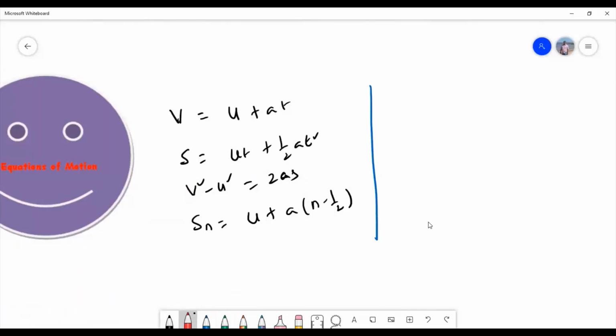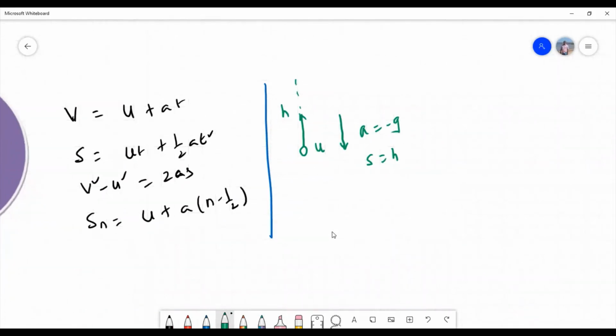As I said, for a vertically projected body, the body is projected with some velocity. As it is going up, it is going against gravity, so we take g as negative. And it reaches some height, so in this case, displacement we take as some h. Simply put these conditions, and the equations will turn up like this.